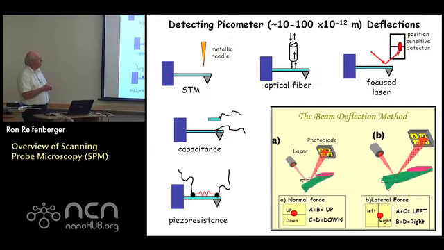If you measure, let's say, a volt of output here, that volt of output could translate into 50 nanometers deflection of the cantilever, which is the sort of thing you need to know. If you know the deflection of the cantilever, and if you know the spring constant of the cantilever, then you can calculate the forces that are acting between the tip and the substrate. So it all hangs together very nicely.